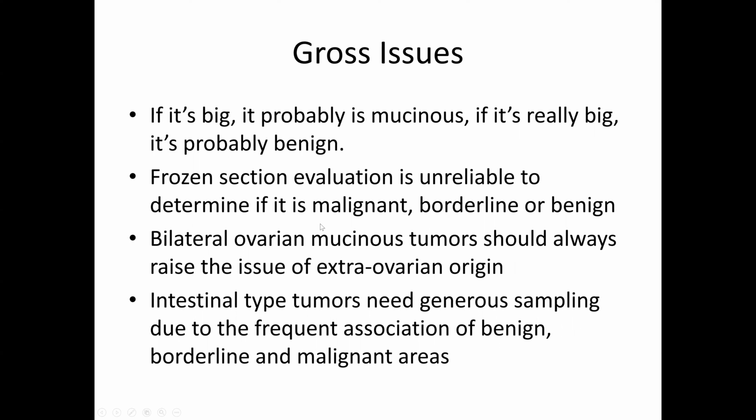If you see a bilateral ovarian tumor, you should always be concerned about the possibility of extra ovarian origin. But I think even in any ovarian mucinous neoplasm, the surgeon needs to know what kind of mucin you're dealing with. They need to be alerted to the fact that it's a mucinous tumor so they can do the due diligence to rule out extra ovarian origin. If we have intestinal type tumors, those especially need to be generously sampled because those can frequently have benign, borderline, and malignant areas.